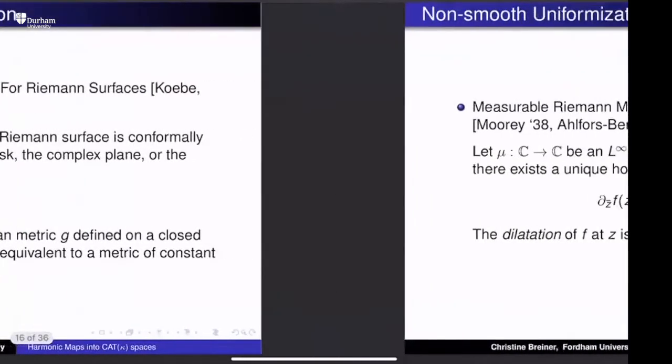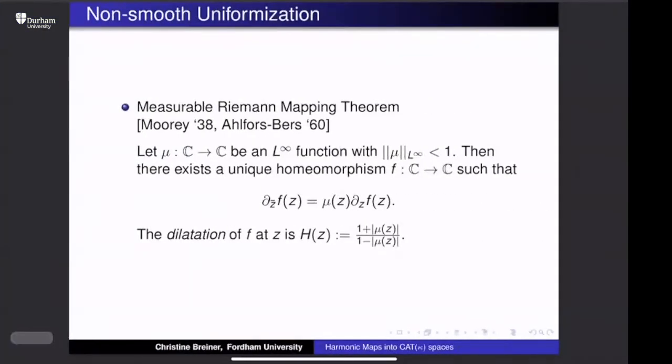And another motivation I'd like to point out is that there's a non-smooth motivation, which I think fits even more so with the kind of result that we get. This is a result that Morrey proved and then Ahlfors and Bers proved separately later, I believe by quite different methods.